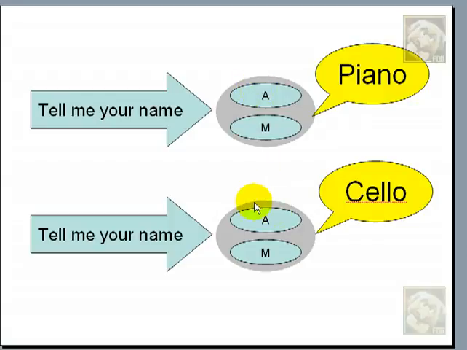The second object will respond to the same method, please tell me your name, but it will answer cello. So cello would be a string stored in the same attribute name. Therefore we can see that object number 1 and object number 2 have the same structure but different information. That makes them different.